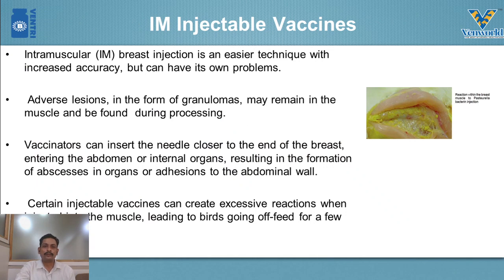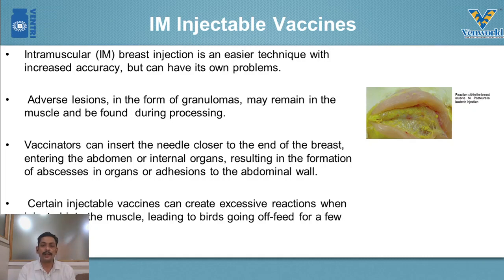Intramuscular breast injection is an easier technique with increased accuracy, but it can have its own problems. Adverse lesions in the form of granulomas may remain in the muscles and be found during processing. That is one disadvantage we found with breast muscle vaccinations.